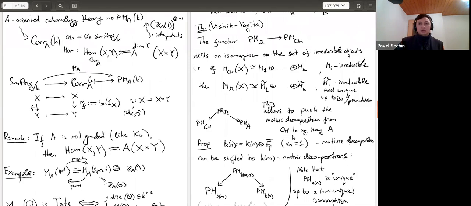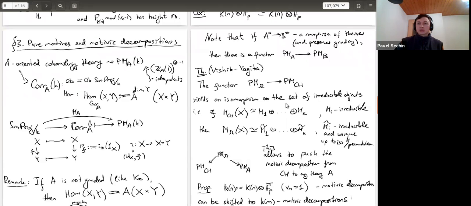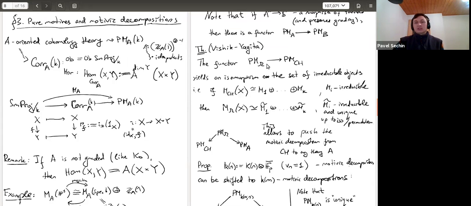Right, so what can you do with different cohomology theories, different categories of motives? Of course, if you have a morphism of theories, so it preserves pullbacks, pushforwards, and the grading, then there is a canonical functor from the category of motives with respect to this oriented cohomology theory to that, PM_A to PM_B. And of course, there is a canonical functor from Omega to Chow, which gives you a functor on the category of motives.